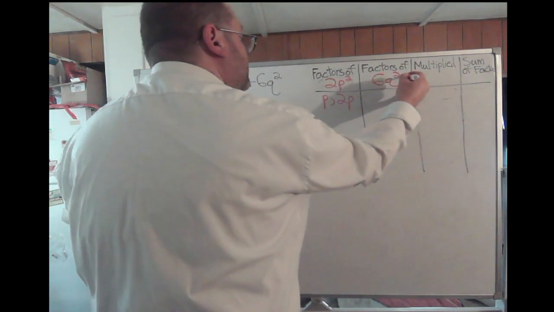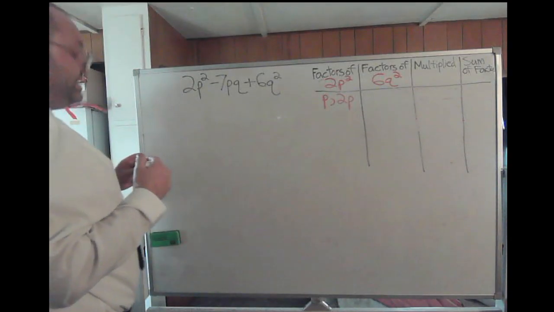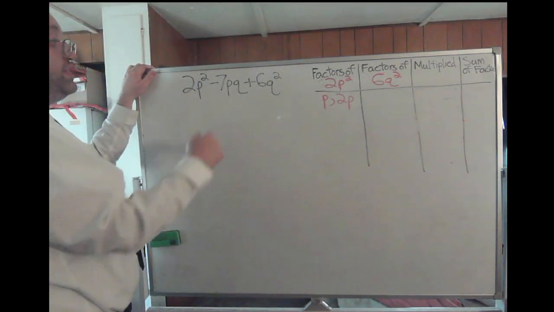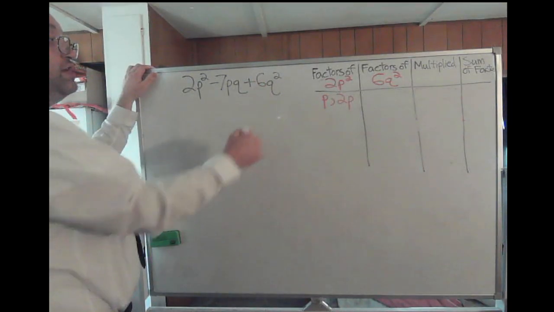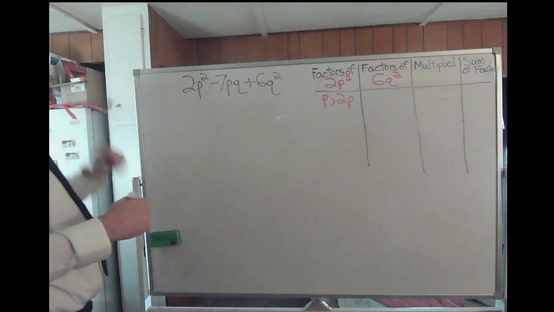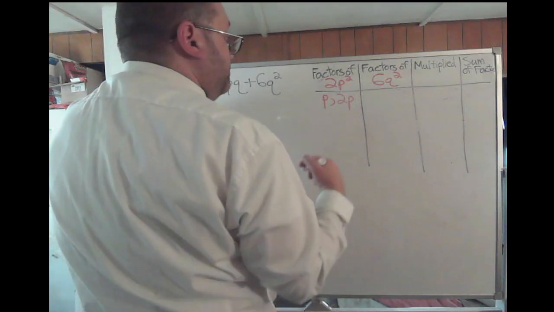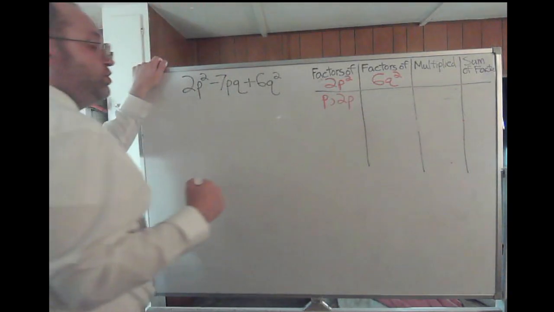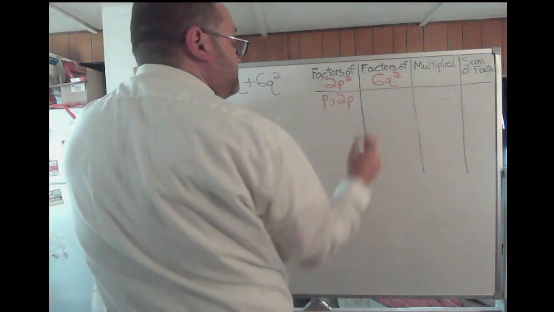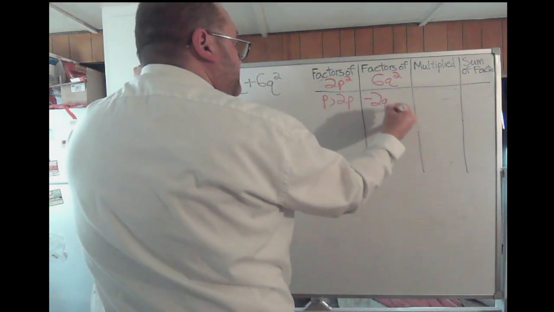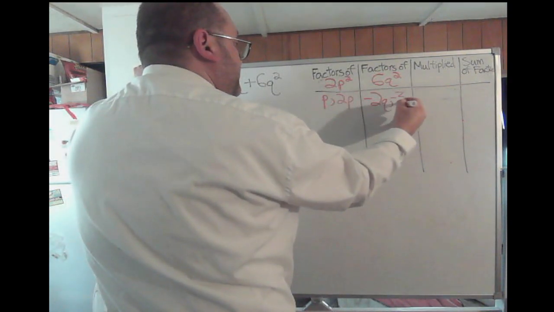See, the middle term can dictate everything, whether it's positive or negative. That changes the outcome of what you need to find for your third term. So what are some factors I can work with of 6q squared that are both negative? Well, I can have negative 2q, negative 3q.